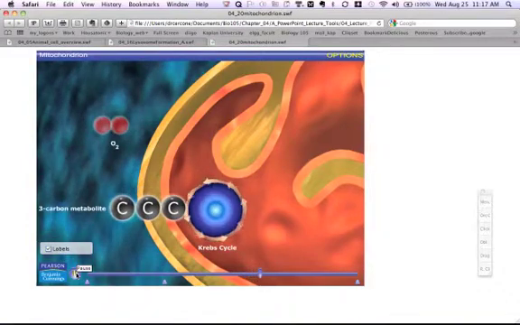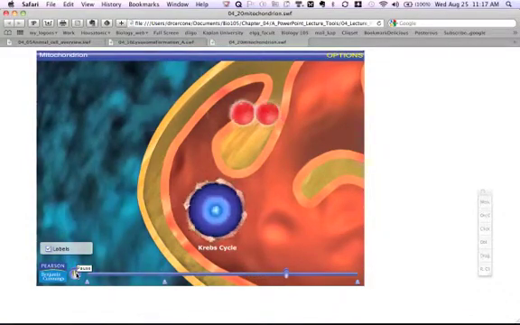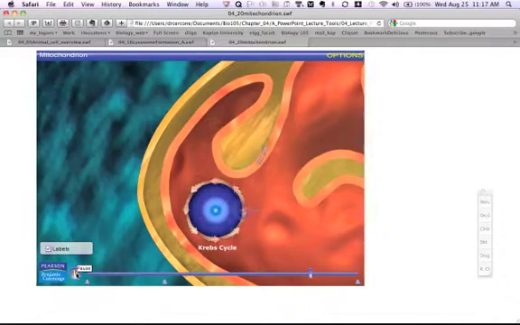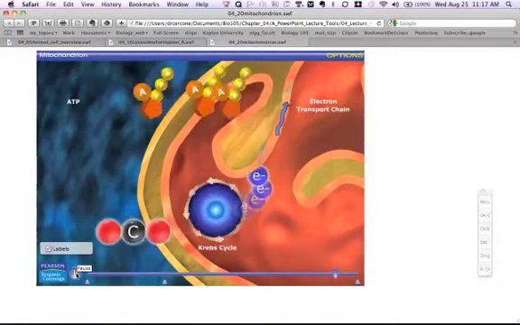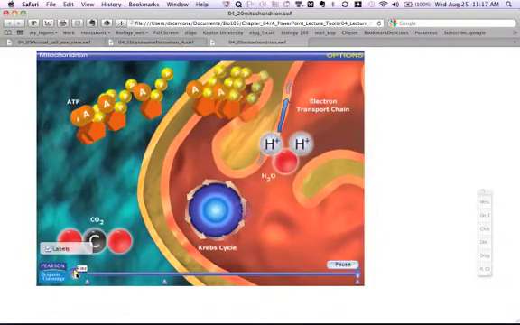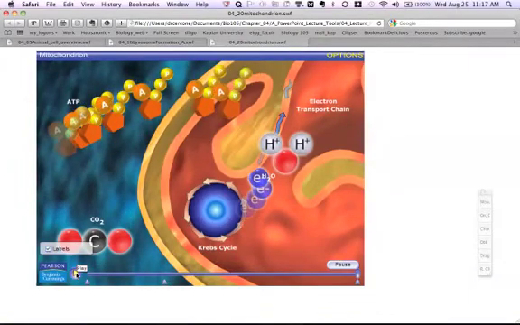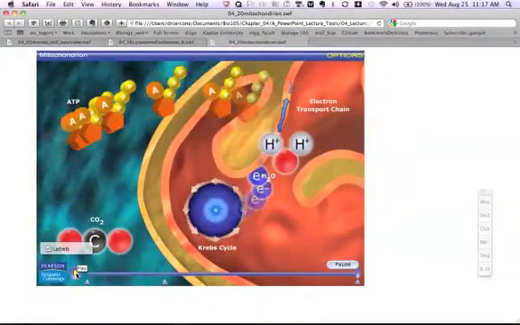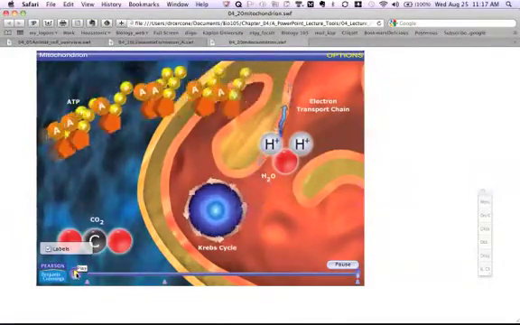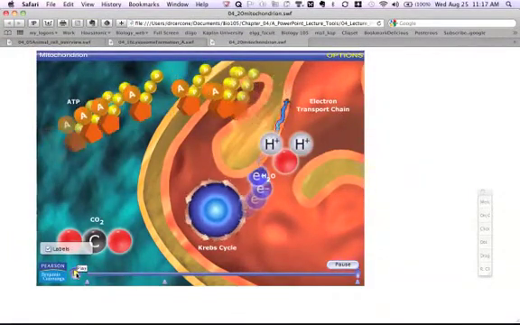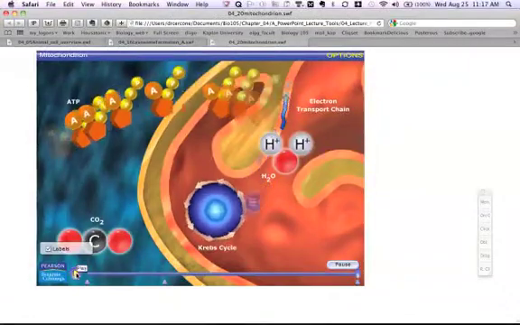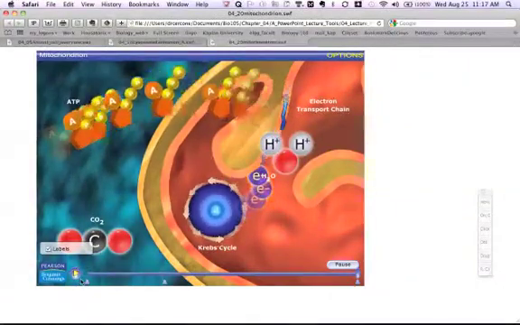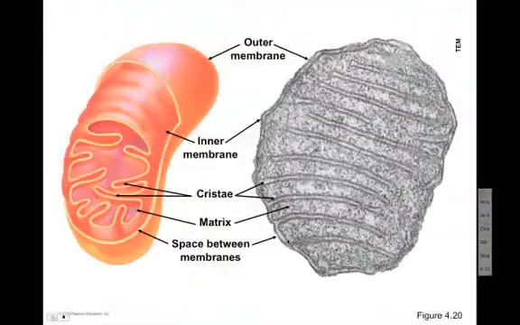And here it's showing how the energy is produced, which is a complex cycle called the Krebs cycle and the electron transport chain, which in turn creates ATP, which is our source of energy. As it produces the ATP, it releases CO2. So here is the picture of the mitochondrion.